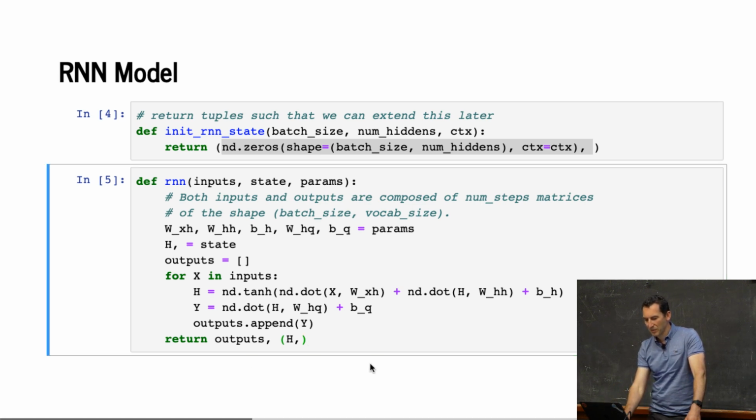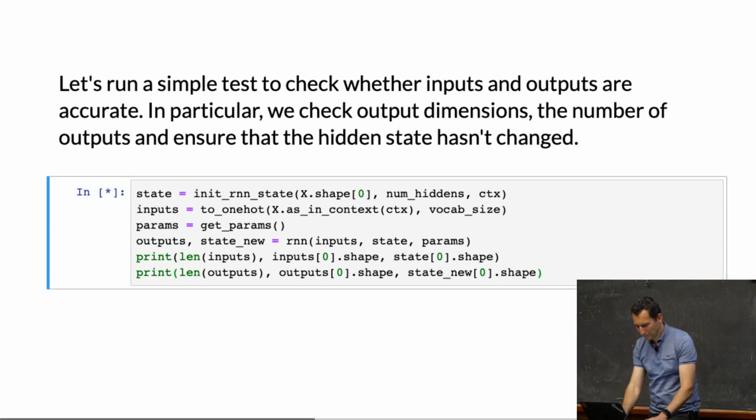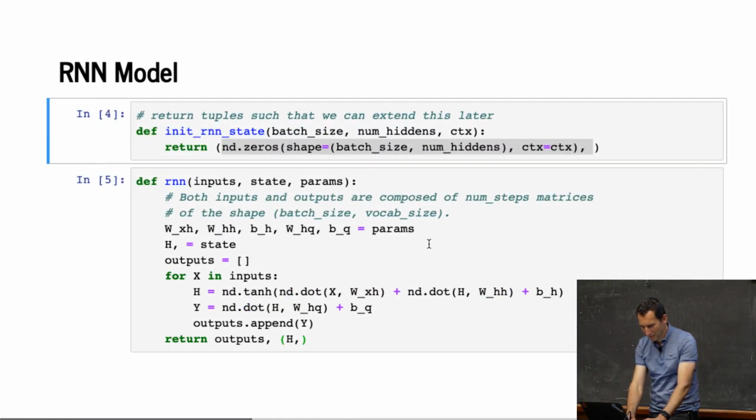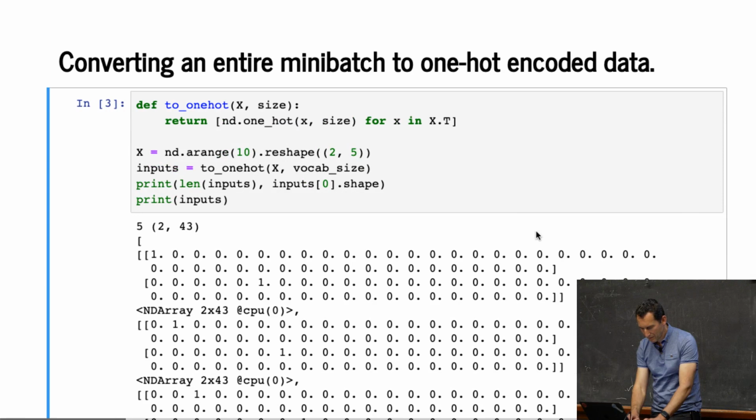Okay, good. And so now that we have all of this, let's see whether that actually works. So yes, and I probably didn't define x. Okay, let me see. Did I generate the data?